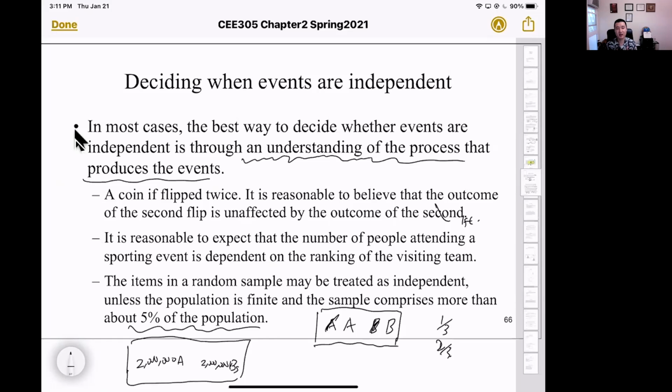Then the first pick and second pick will be virtually independent of each other because the population size is 4 million. It's too big. So no matter whether the first pick is A or B, the second pick is still 50%, okay, in practice. Okay, so that is what this tells us. When the sample size is larger than 5% of the population, then we may think the picks are dependent to each other.